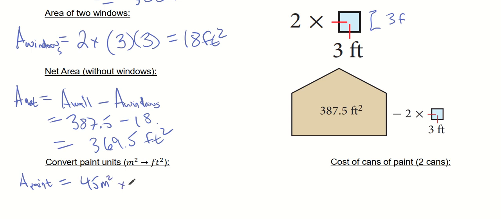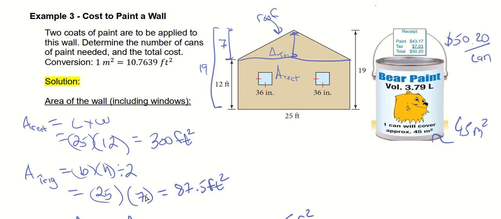Every conversion is done the same way. You do a multiplication sign, and top and bottom. The top is what you want, and the bottom is the conversion. I wrote down the conversion over here: 1 meter squared is equivalent to 10.7639 feet squared.